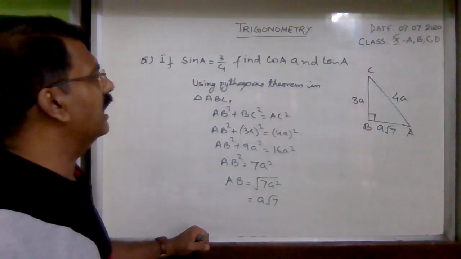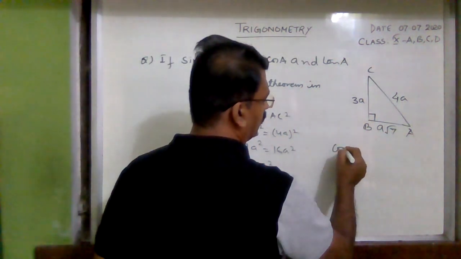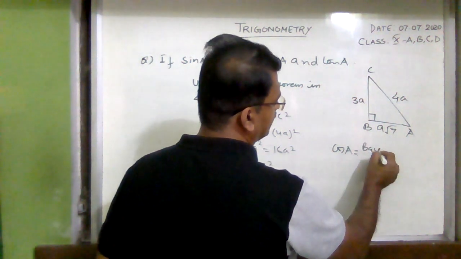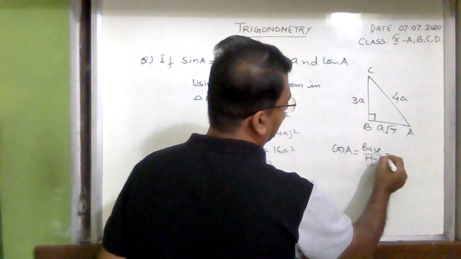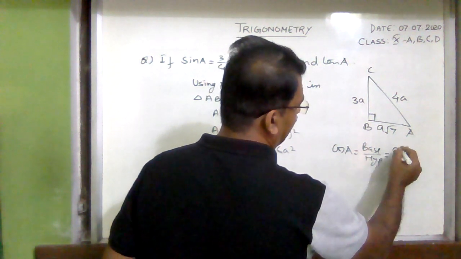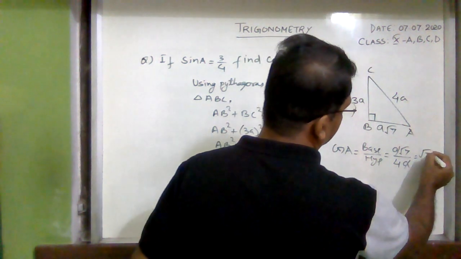And now you have to find cos A. All of you know cos A means base upon hypotenuse. That is a root 7 upon 4a. a gets cancelled. So it is root 7 upon 4.